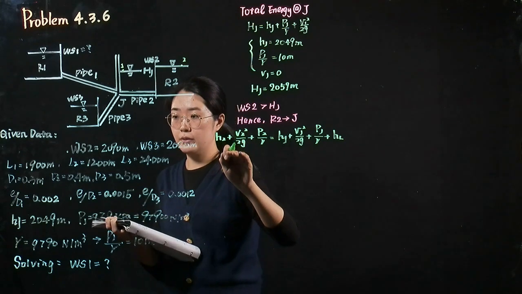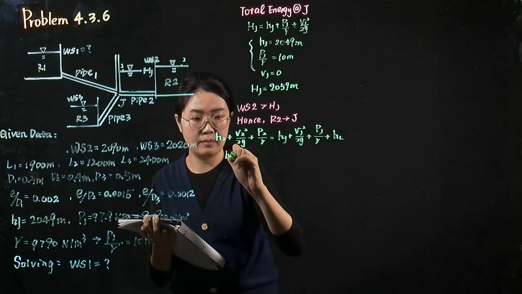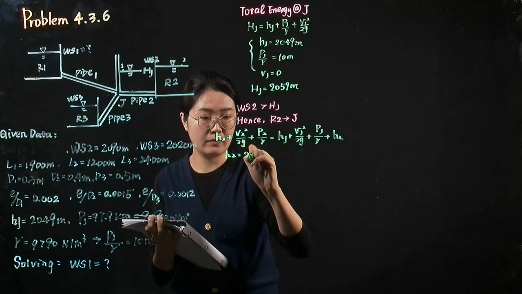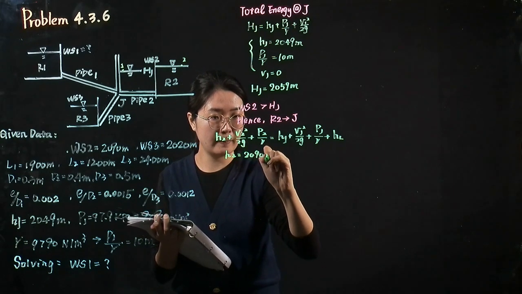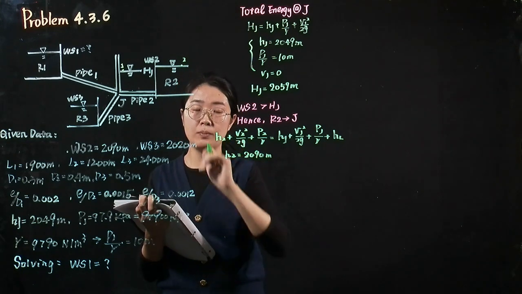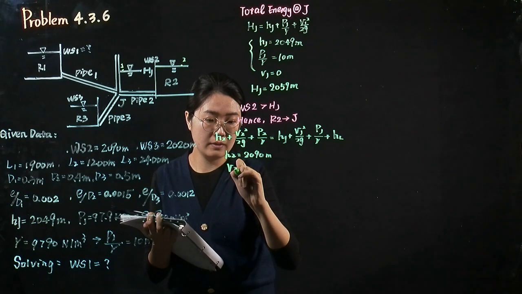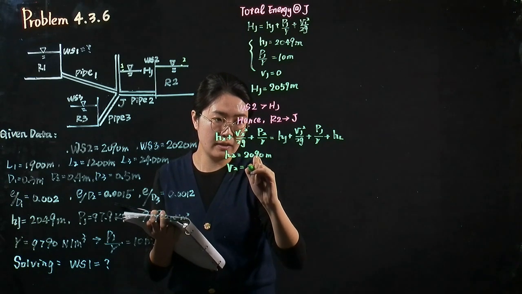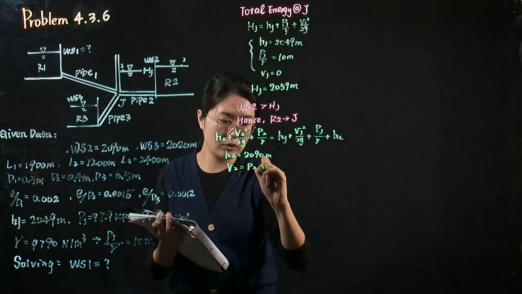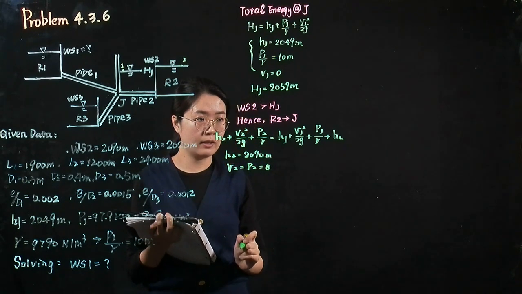The H2 is given, it equals to 2090 meter. We assume that because this point 2 is at the water surface, the velocity and the pressure at point 2 are all equal to 0.